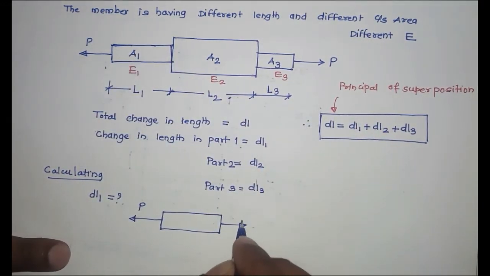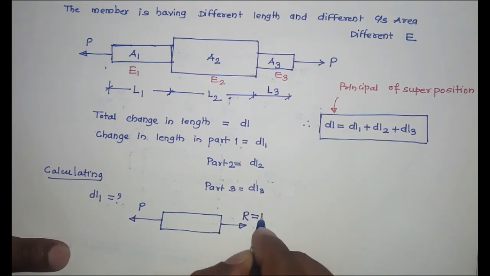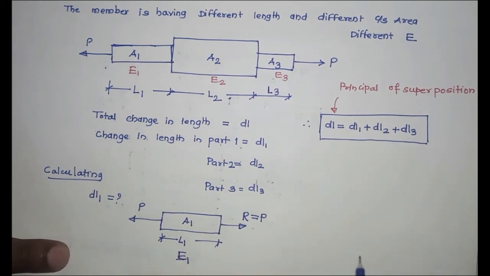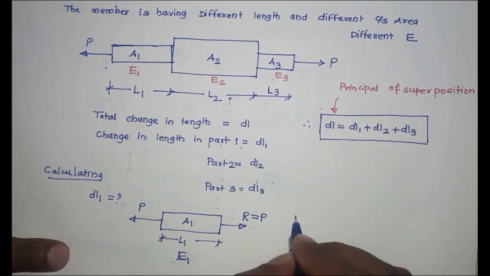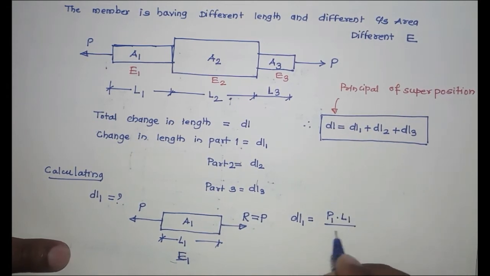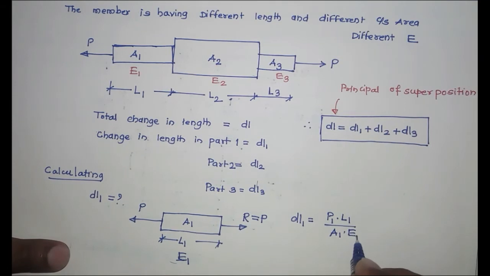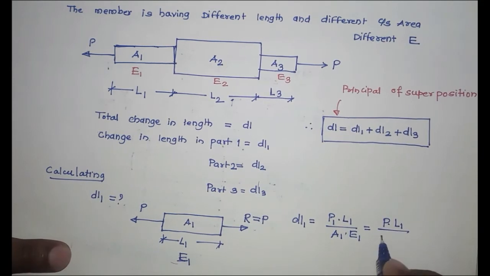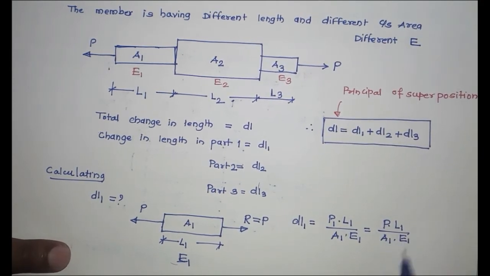So there will be an equal and opposite force, equal to the reaction, which is nothing but the force P, and it has length L1, area A1, and modulus of elasticity E1. Now based on this, I can write dl1 is equal to P1 L1 divided by A1 into E1. Since P1 and P are the same, it is P into L1 divided by A1 into E1. So this is for the first part.